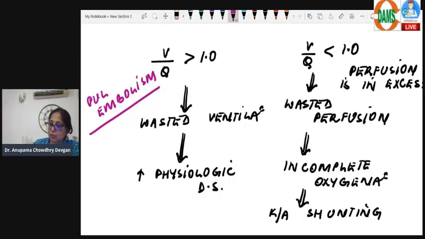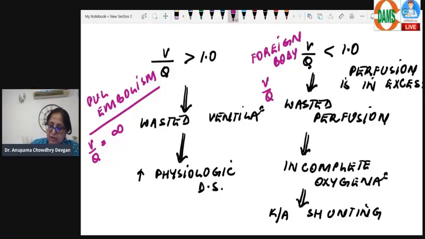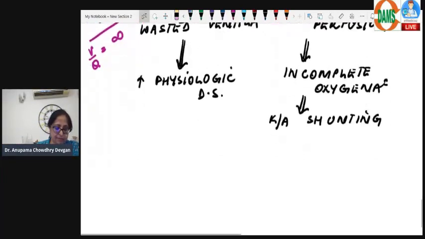With pulmonary embolism, perfusion is 0, so the VQ ratio is in fact infinity. Foreign body: if there is a foreign body in the lungs, what will happen to the VQ ratio? VQ ratio will become 0. No ventilation in that particular area. Foreign body lodged in, let's say, a major bronchus, the ventilation becomes 0. So VQ ratio will become 0. Have you understood?